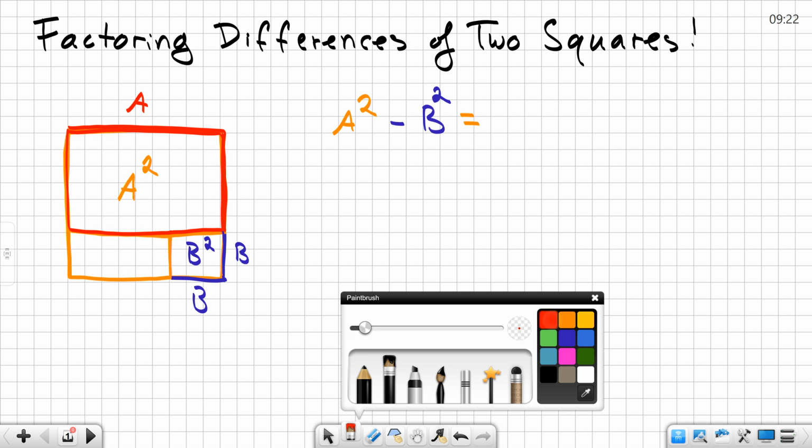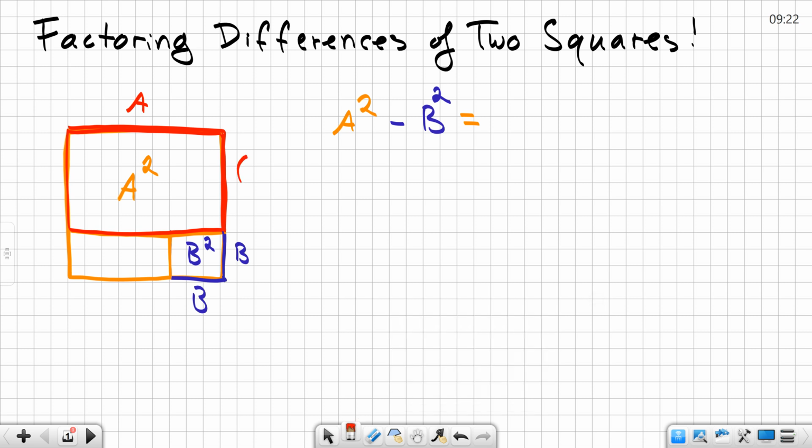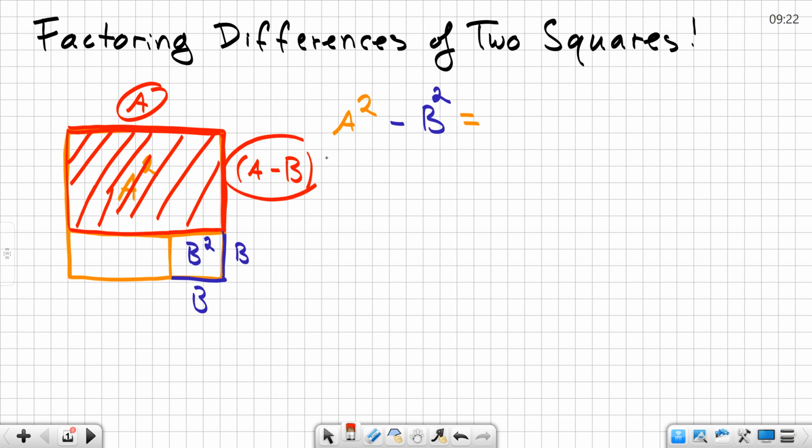So in other words, it is A minus B long. And that makes this area this times this. So it is A times A minus B.